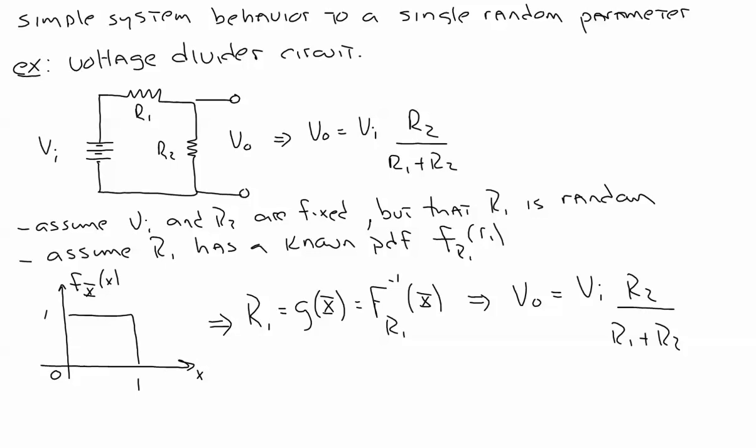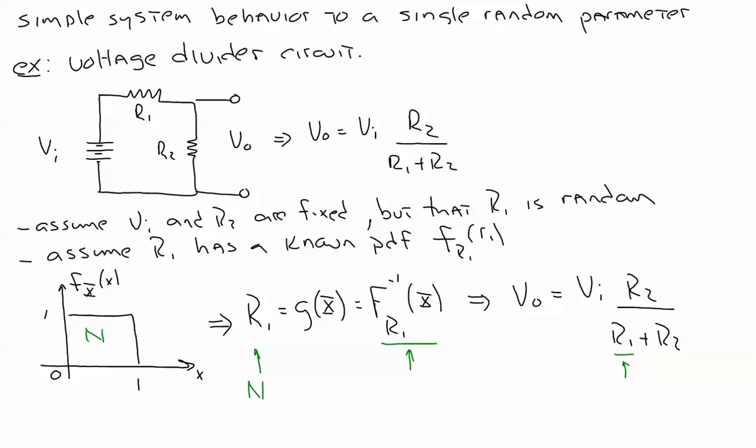So what I'll do is first calculate N random values on 0 to 1 for X, plug that into this relationship here, and get N random values for R1.